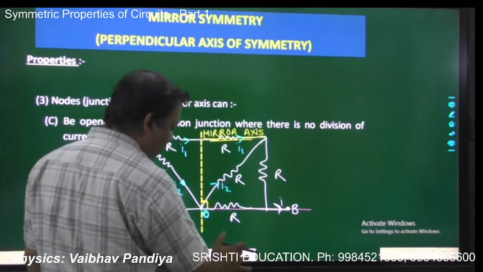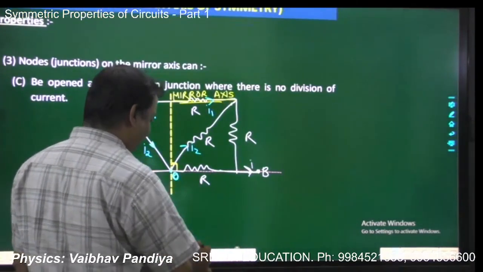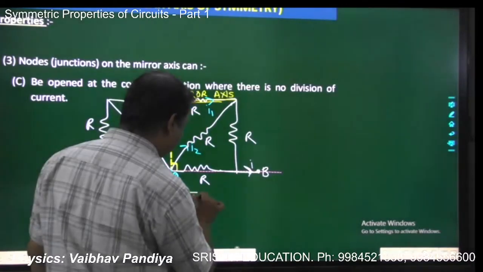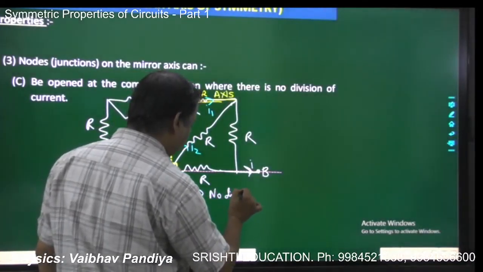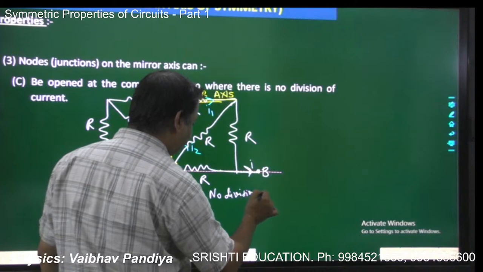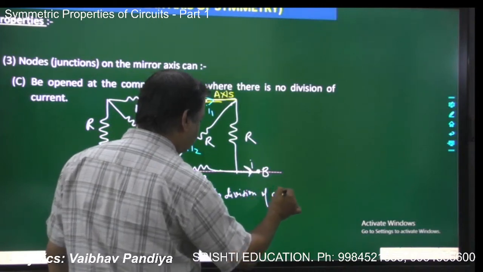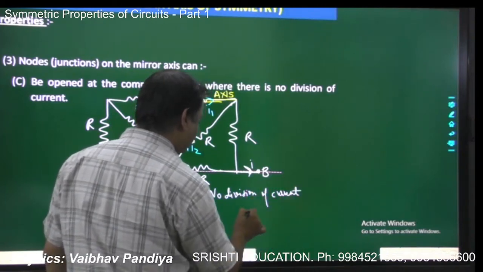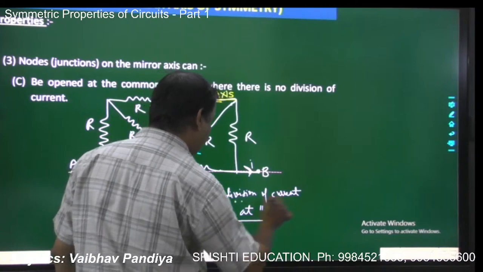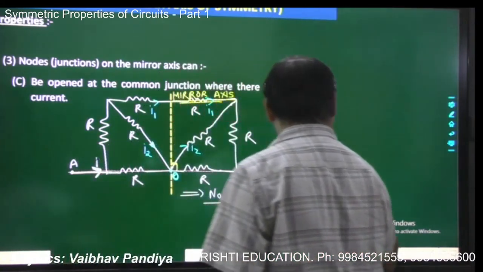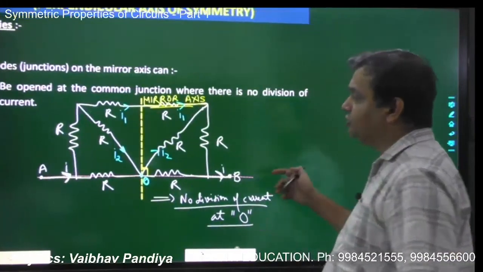There is no division of I2 at O. The point is that there is no division of current at point O, correct? So if there is no division of current at point O, what can you do?